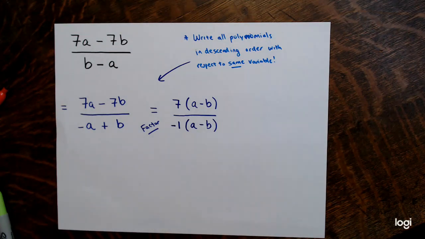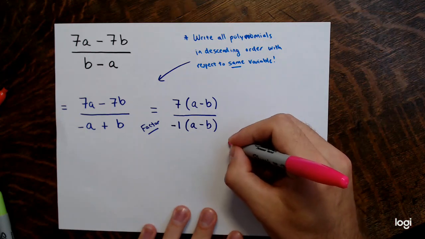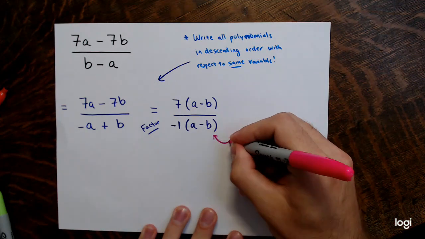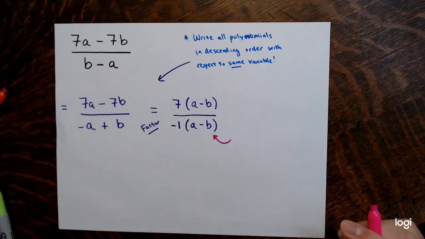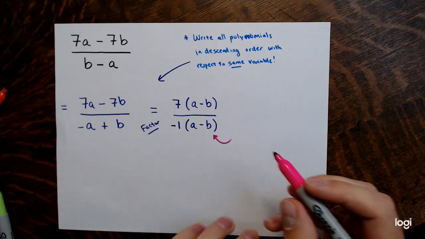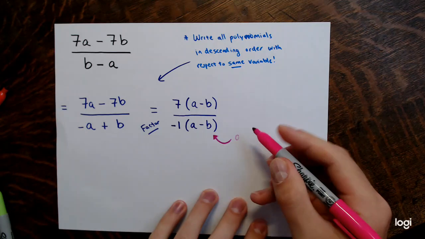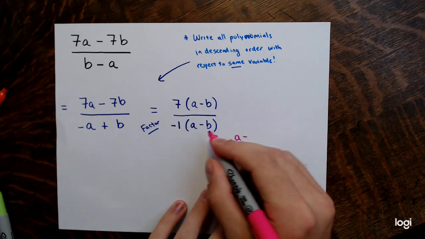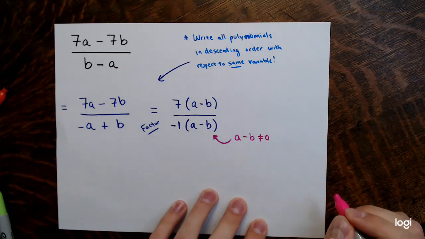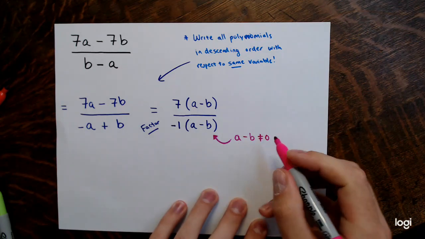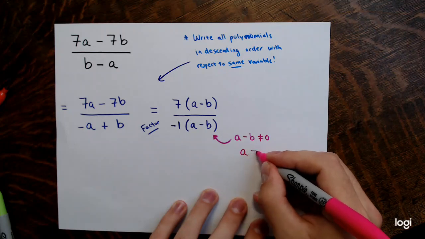And then, as I've done with previous examples, once the denominator is factored completely, you can state what you can't use. Now, here there are multiple variables, so I can simply say that this a minus b factor can't be 0. Or if you add b to both sides, a cannot be equal to b.